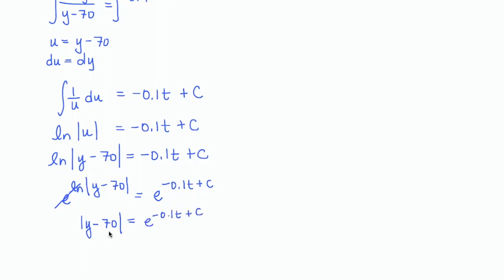And then you need to remember how to handle absolute value equations. When you have an absolute value equation, there's actually two equations contained in there, where I have y minus 70 equals the positive e to the negative 0.1 t plus c. But the stuff inside y minus 70 could also turn out to be the negative e to the negative 0.1 t plus c.